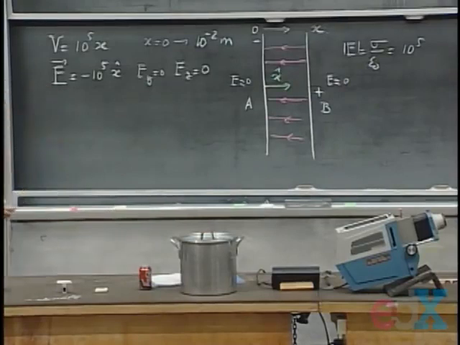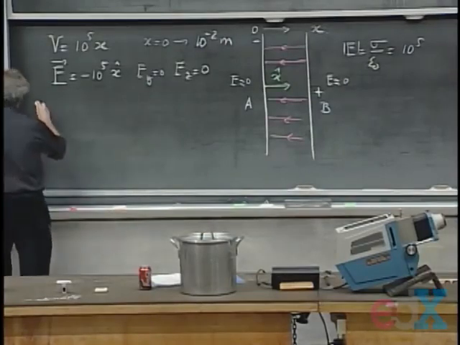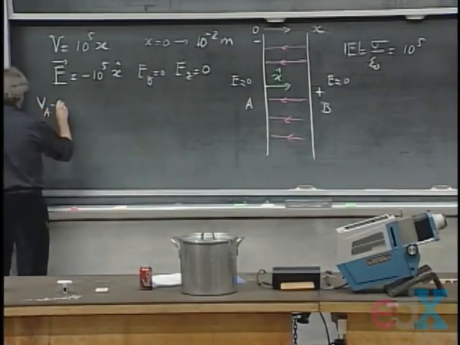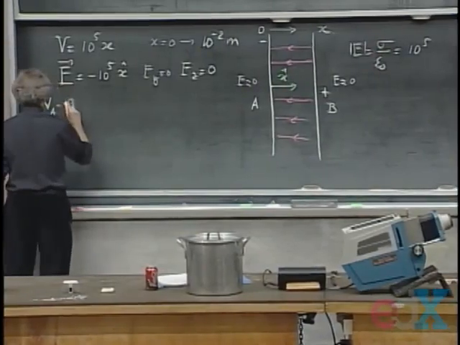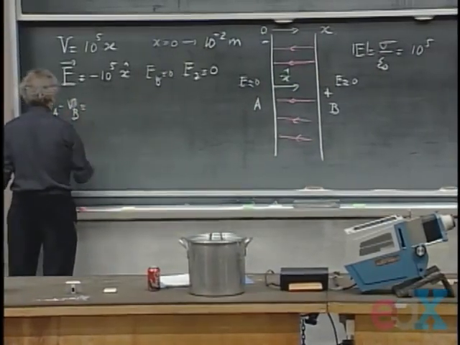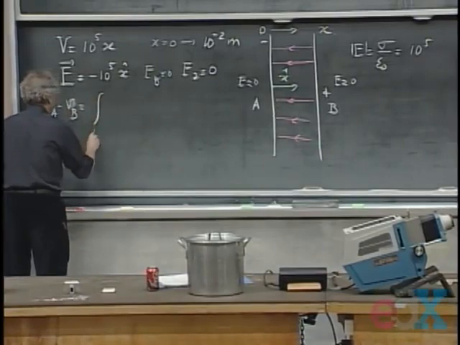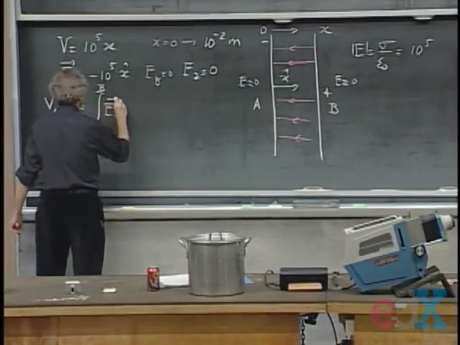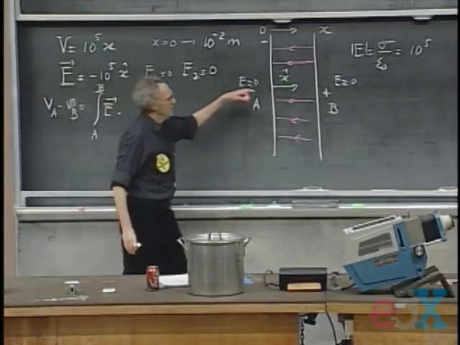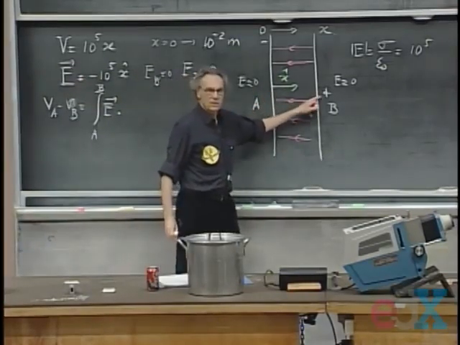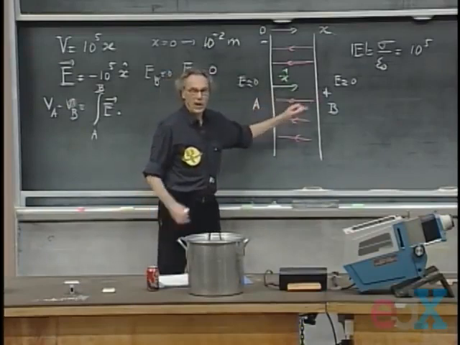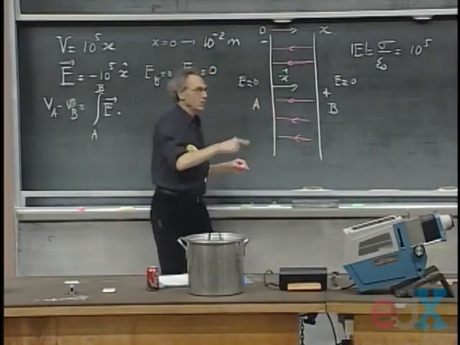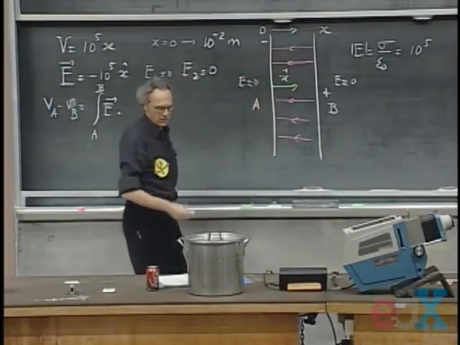What now is the potential difference? Well, VA minus VB is the integral going from A to B of E dot dl. Well, I go from here to here, so for dl, I write down dx, of course, because I call that the x direction now.